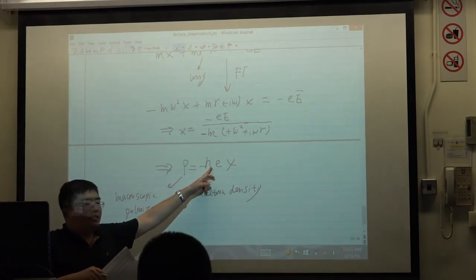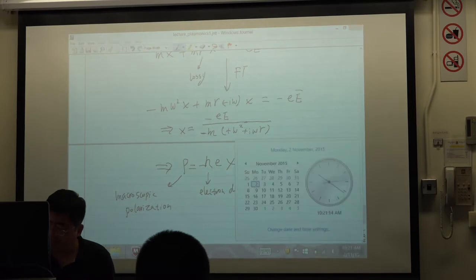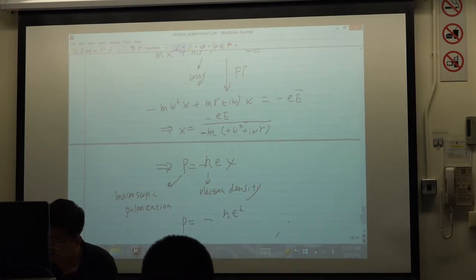N is the electron density and x is the displacement. So I get this P, which is minus N e squared over m.